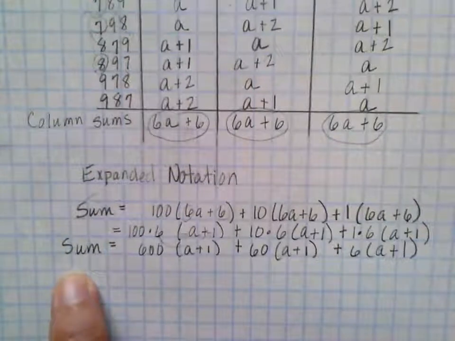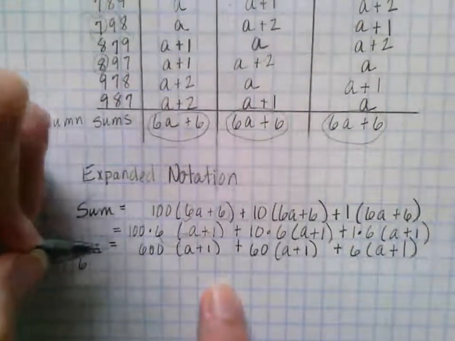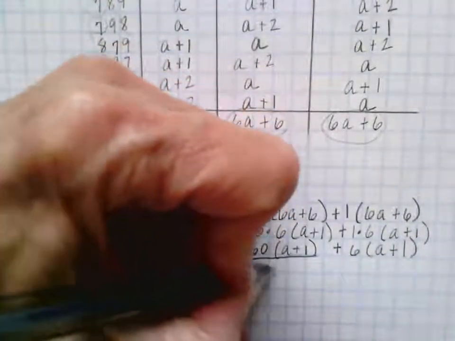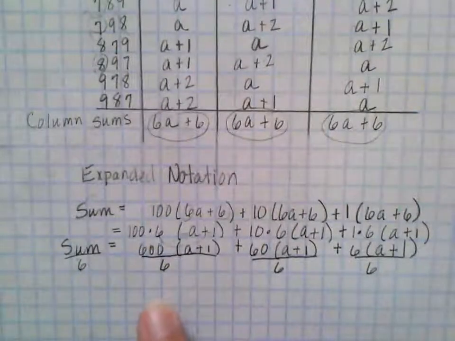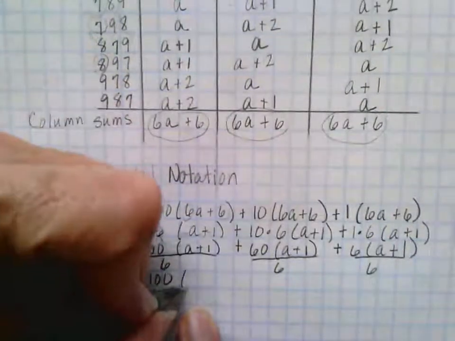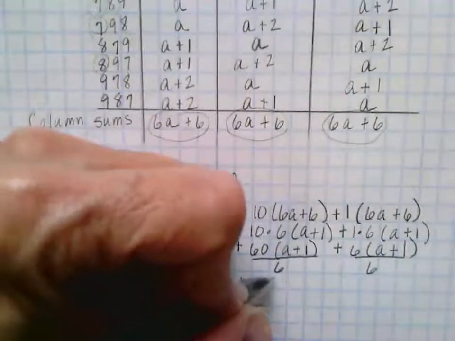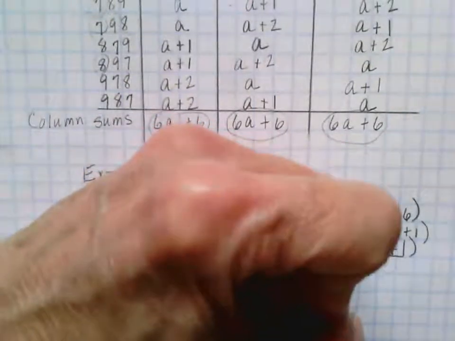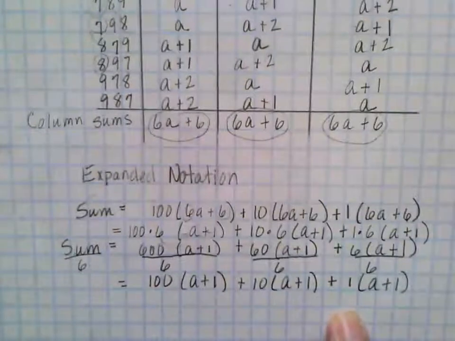Now I told my person to divide by 6. So when I divide the sum by 6, I'm going to divide each of these by 6. And I'm going to be left with 100 times a plus 1, plus 10 times a plus 1, plus 1 times a plus 1, which is just a plus 1.